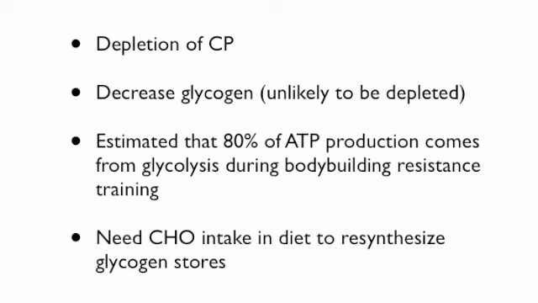And so it's very important for us to consume carbohydrate so that we establish our glycogen stores in our muscles, so then for our next workout we have an adequate energy source.